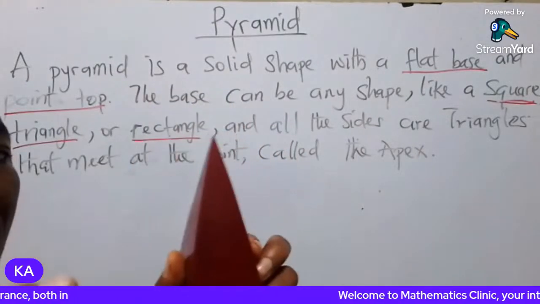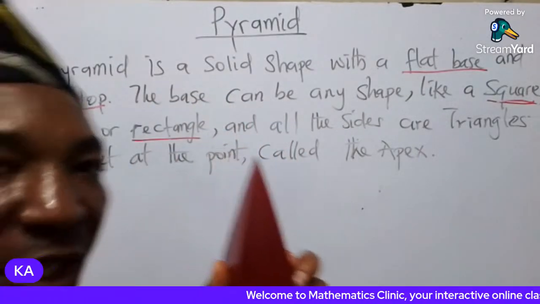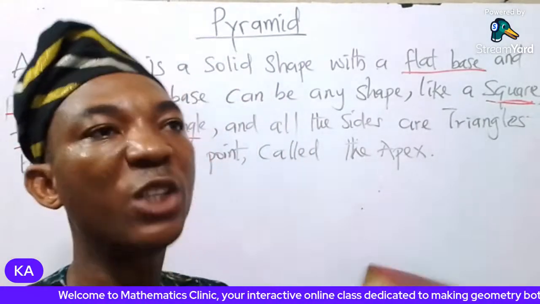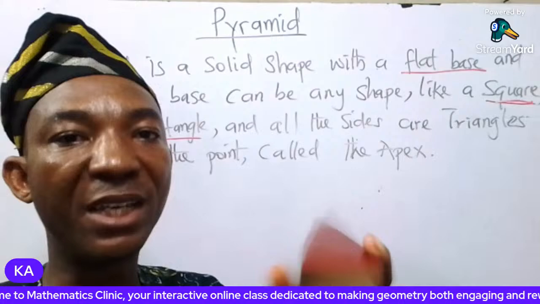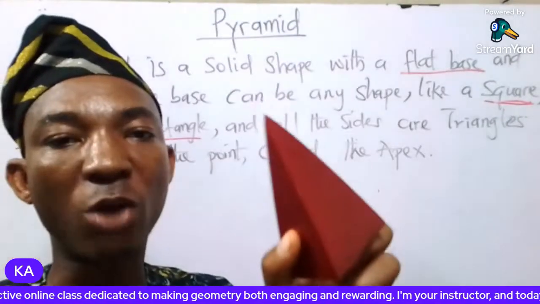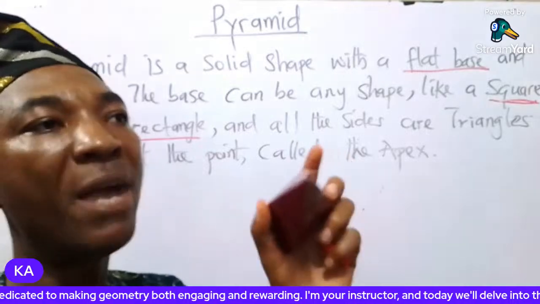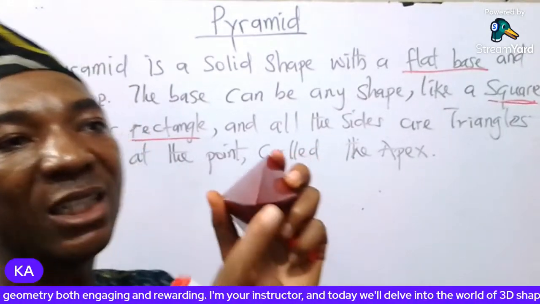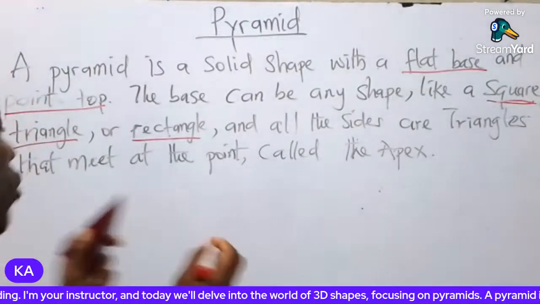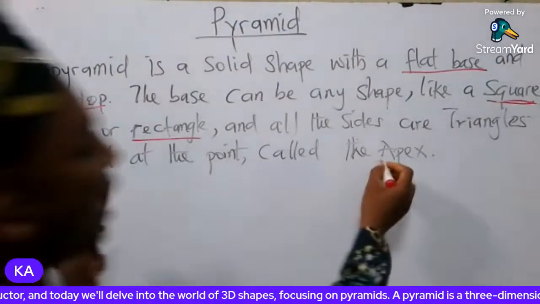If other side is not a triangle, it can never be pyramid. So it must have a flat base, and every other side must be triangle before you can call it a pyramid. And the most important condition is that it must have a pointed top. That pointed top is what we call apex.